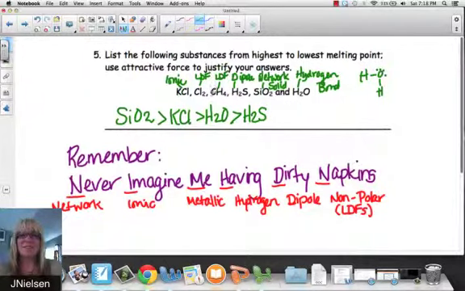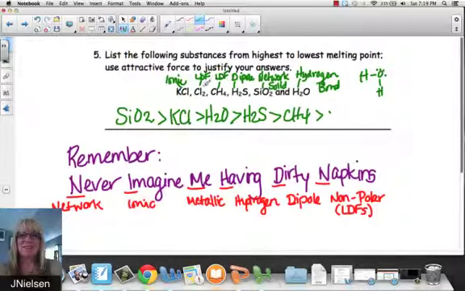And what else do I have? I have two nonpolar molecules, but the CH4 has more electrons, so CH4 is going to be greater than, no, let me see if it has more electrons.